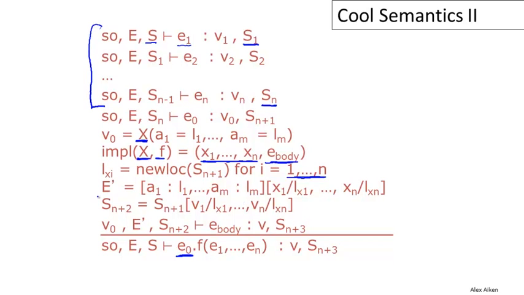And now we're ready to build an environment in which we can evaluate the method. So what is this environment going to consist of? We have to think about what names are in scope inside of a method. Well, all the attributes of the class are in scope. This is a class X with attributes A1 through AM. So the environment will have those names defined, A1 through AM.